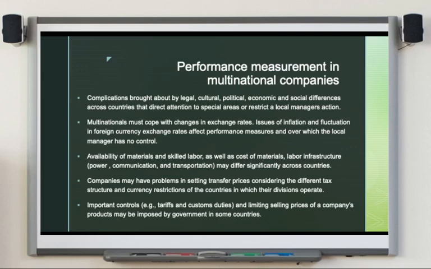Therefore, it will also affect the performance of that particular division.